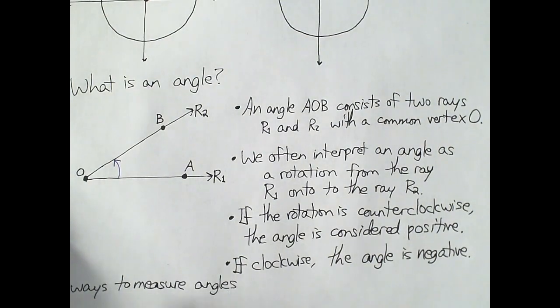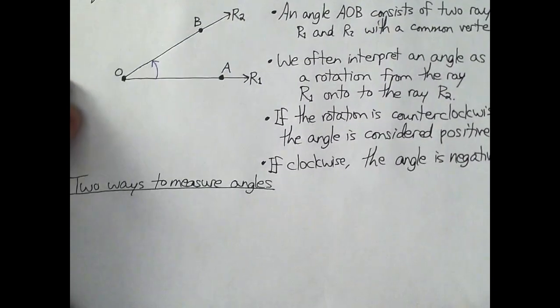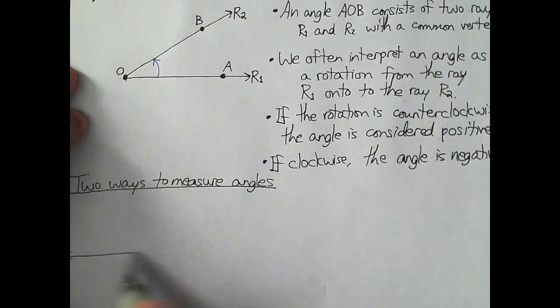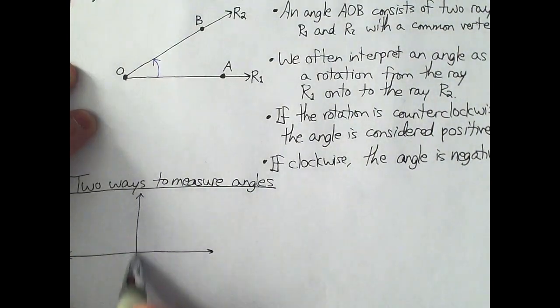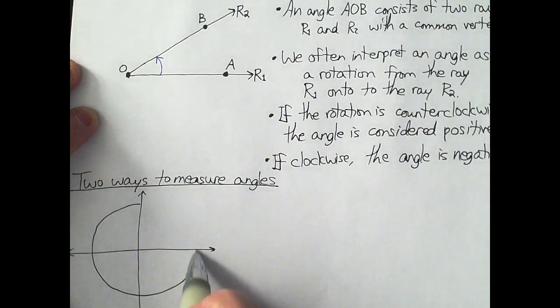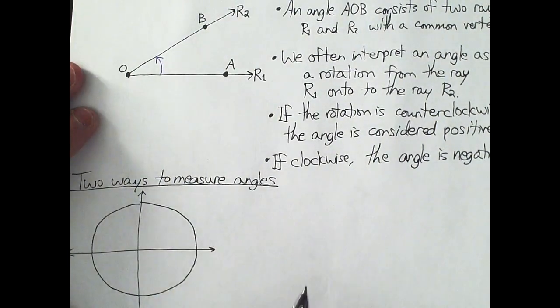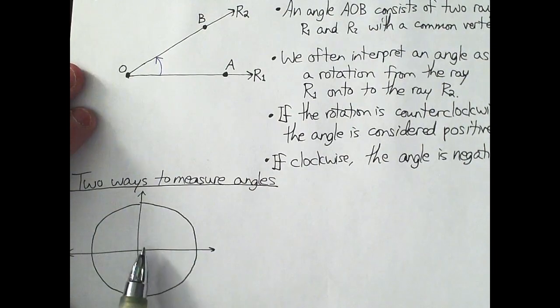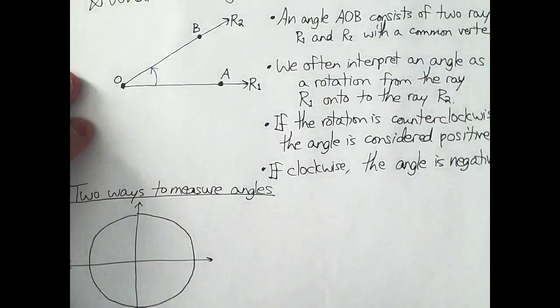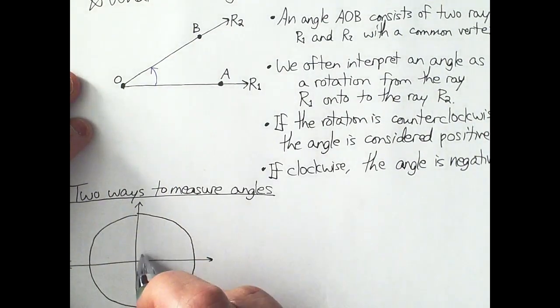And I don't mean we're going to take out a protractor and try to measure them in that way. Here, let's draw a picture, and it's going to be similar to the first picture that I drew up above. Unit circle. It kind of seems like we could talk about angles in the unit circle, or we could talk about angles without the unit circle. So we'll be doing both in this section.